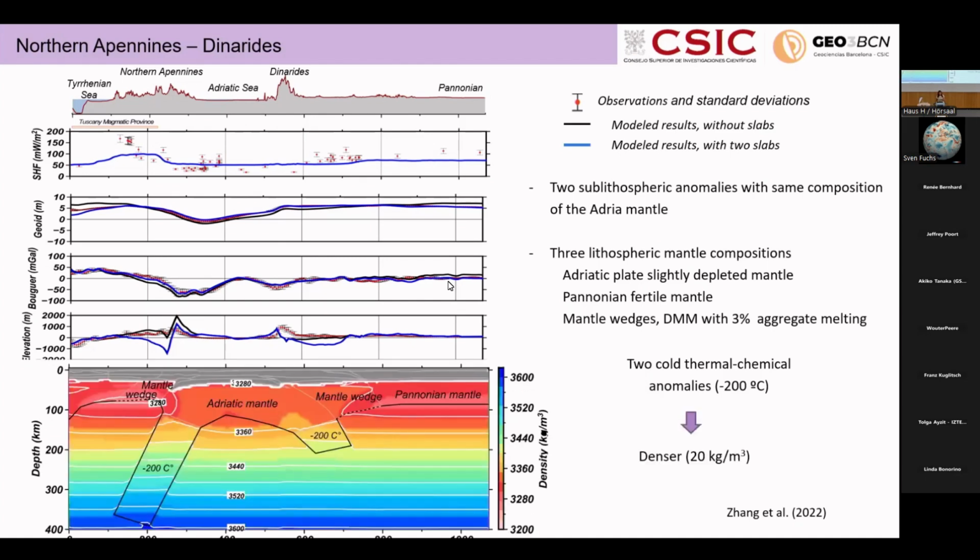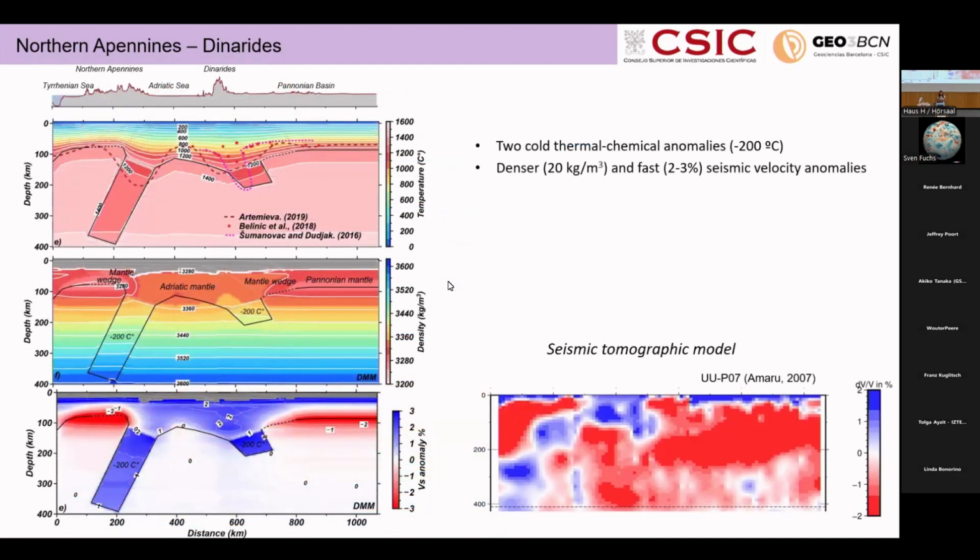They are colder, then they are denser, and also they agree with these two fast velocity zones that are beneath the Apennines and beneath the Dinarides.